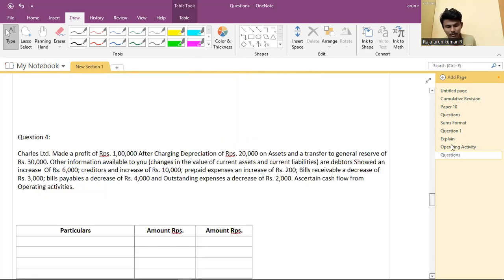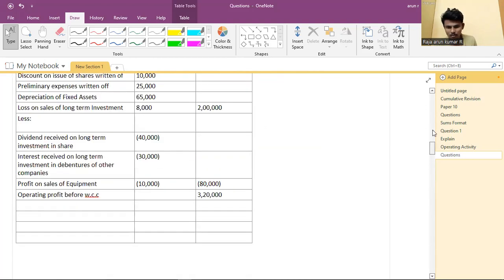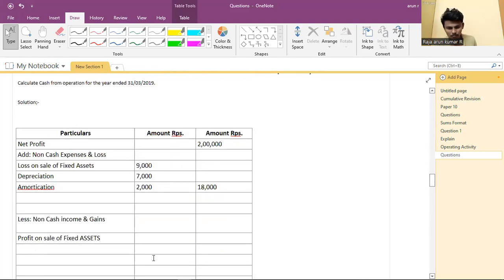Profit on sale of investment. How much? 4,000.